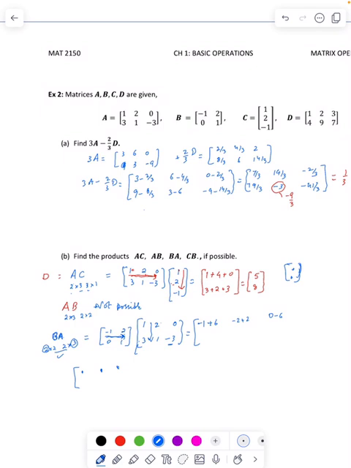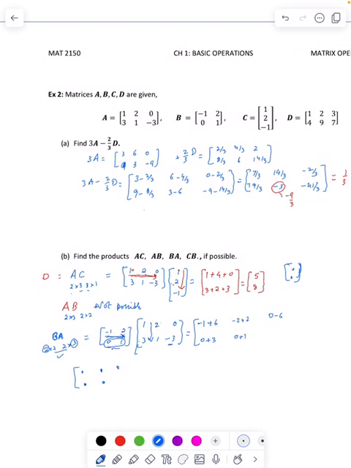So the job of the first row is done. Now we'll look at the second row, which is 0 1, and multiply with each column. So second row, first column, the entry goes here. This will be 0 times 1, 0, plus 3 times 1, 3. Then the second row with the second column, the entry is over here: 0 plus 1.